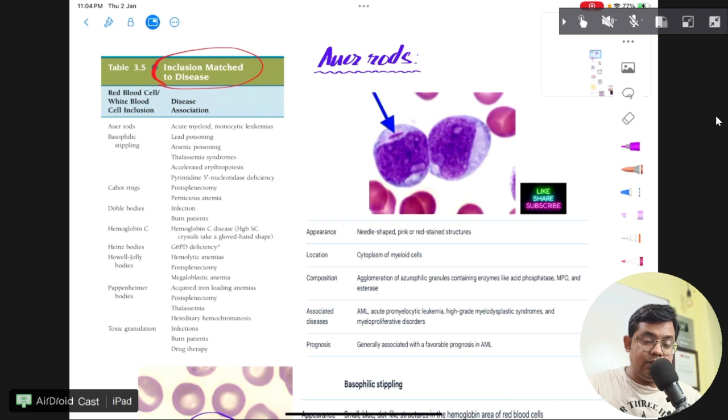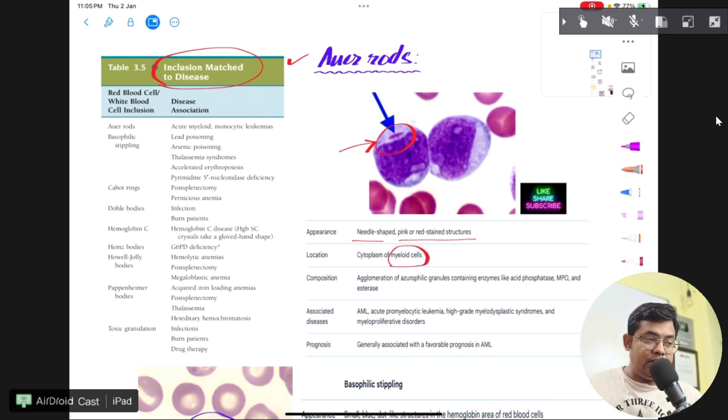So let's start with the first inclusion, that is Auer rods. Now, Auer rods, as you can see in this picture, this very slender, tiny structure within this cell is basically an Auer rod. So, these Auer rods are the needle shaped pink or red structure that is found within the myeloid cells.